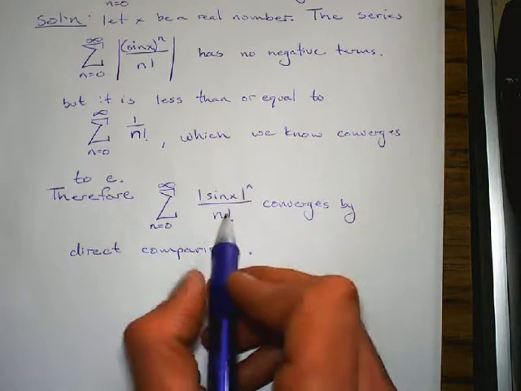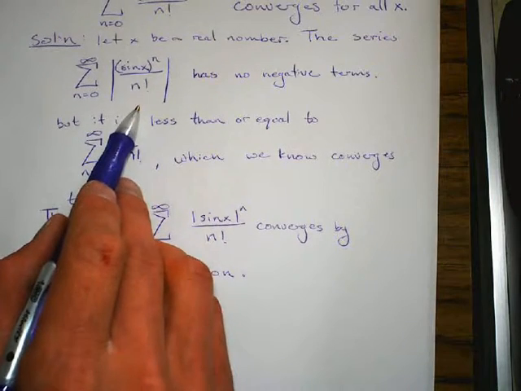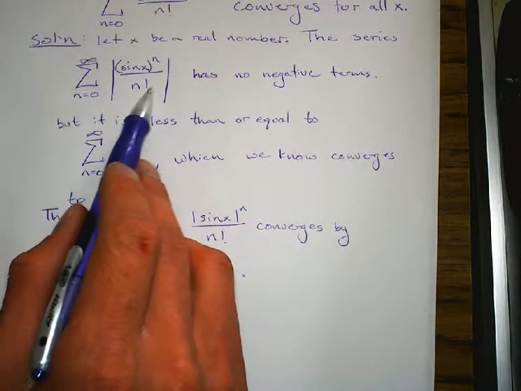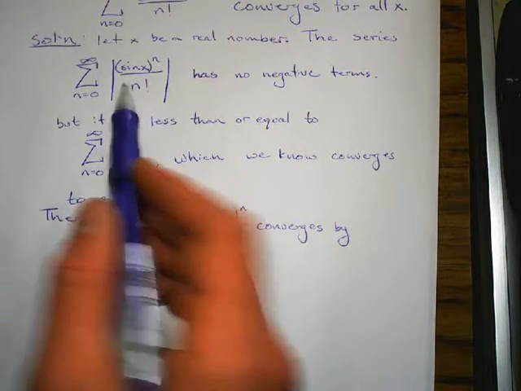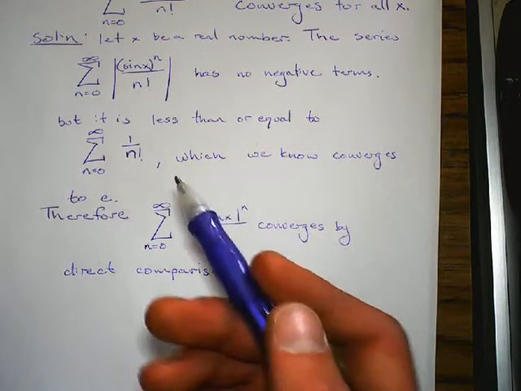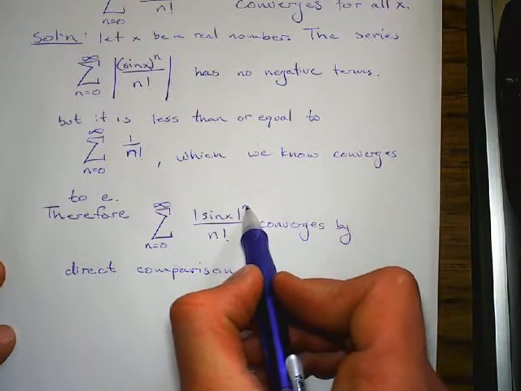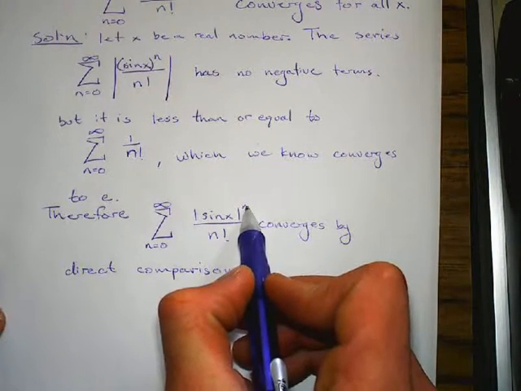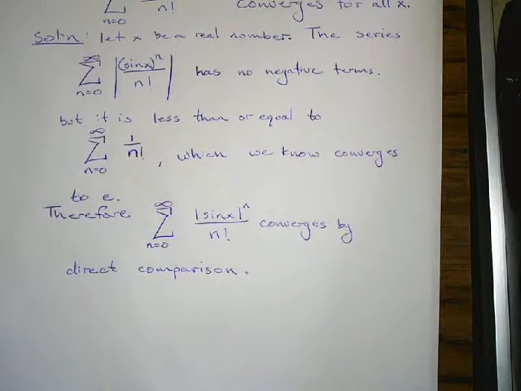Now, you can see that it's a little different than it looks here. We've lost absolute value bars around the denominator, and that's because n is always positive, so n factorial is also always positive. We just talk about the absolute value of sine of x.